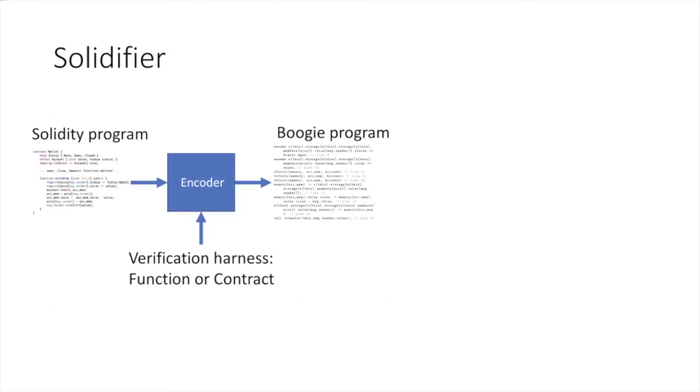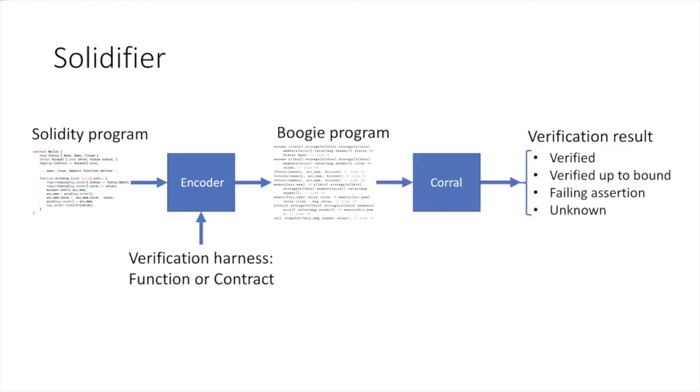So what does Solidifier look like? Given a Solidity program and a verification harness, it will have this encoder that will generate this Boogie program as we just described. And this Boogie program will be fed into Corral. Corral is a CEGAR-based bounded model checker for Boogie.